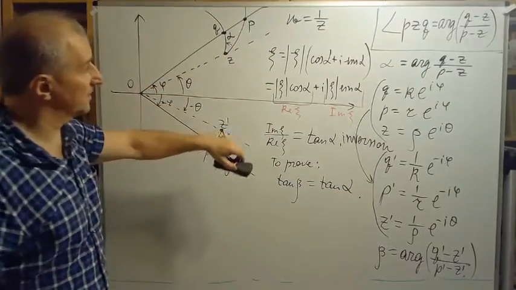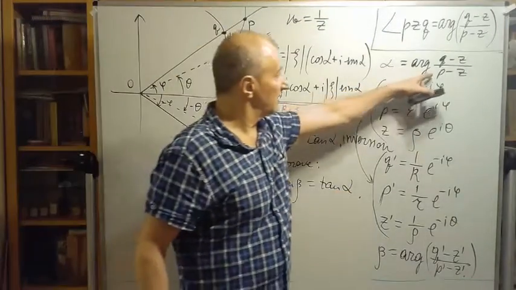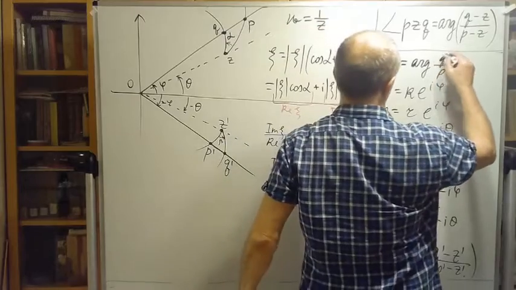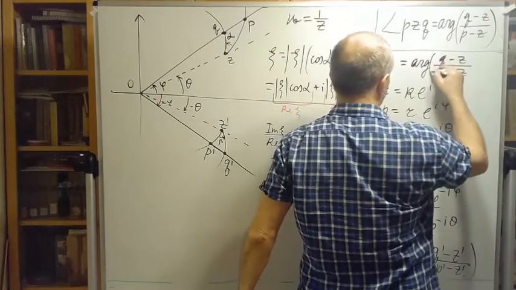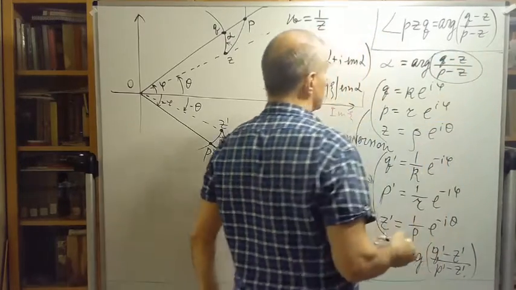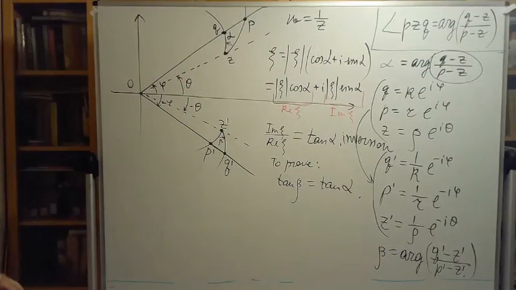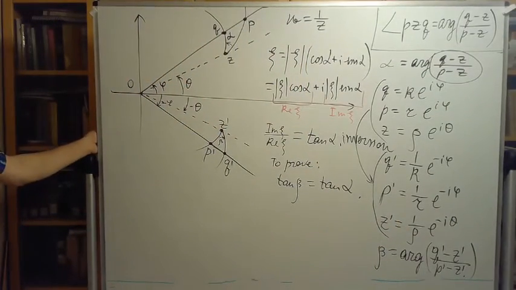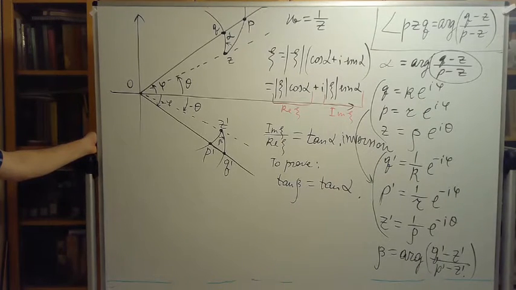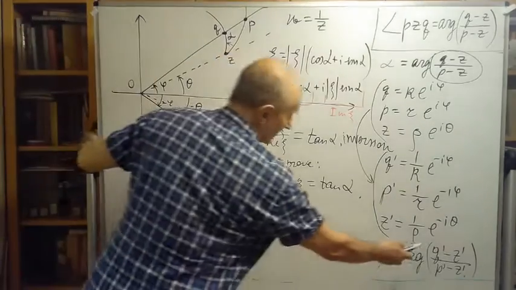So we will calculate our number. This is our number. Alpha is the argument of this number. So we will calculate this number and find the ratio of imaginary part to the real. It will be our tangent of angle alpha. And then we will do the same for this number.